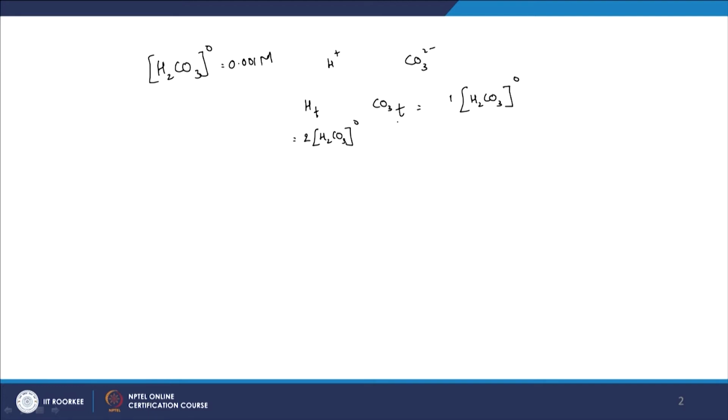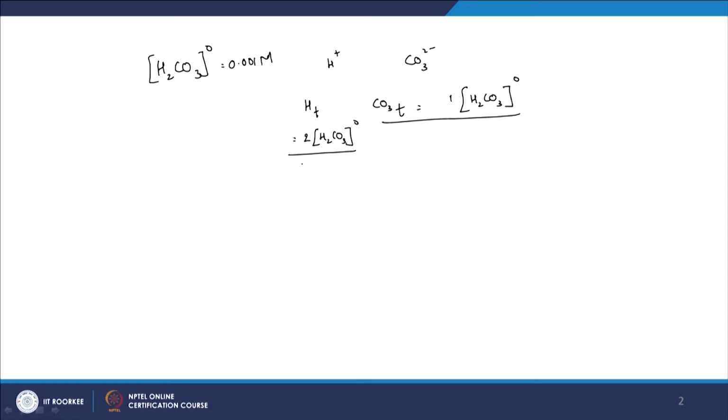And obviously we are not going to go into detail because we have covered this in greater detail in the previous sessions. So this is what we are now putting into our system in Visual MINTEQ. So we have H total equal to 2 times 0.001, that is equal to 0.002, and CO3 total will be equal to 0.001 molal.